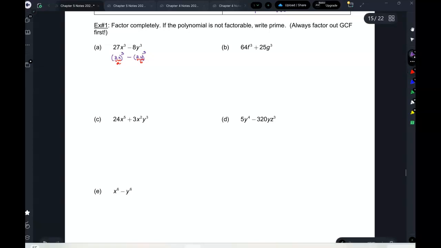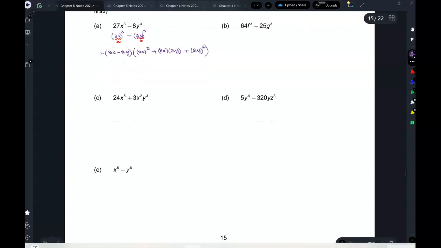So this is going to be a minus b, so 3x minus 2y, and then a squared, so 3x squared, plus 3x times 2y plus 2y squared. And then you have to simplify all of that.